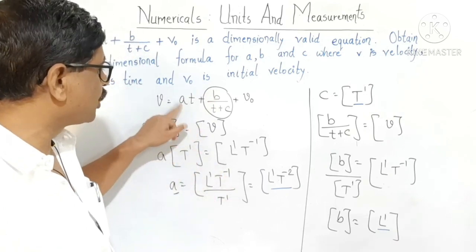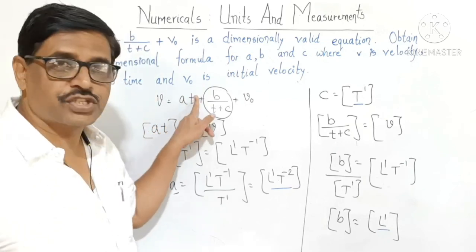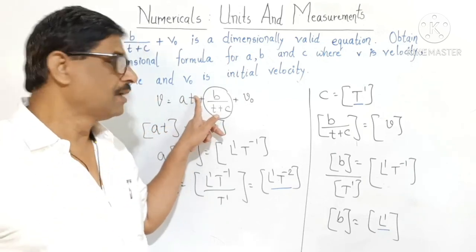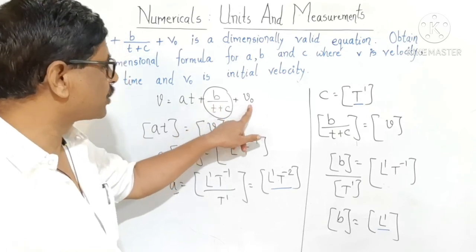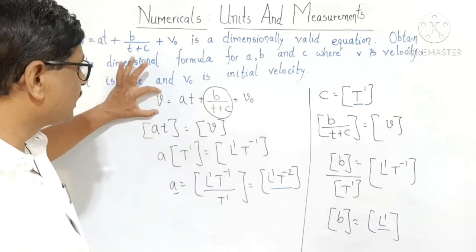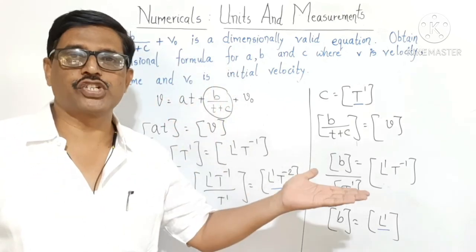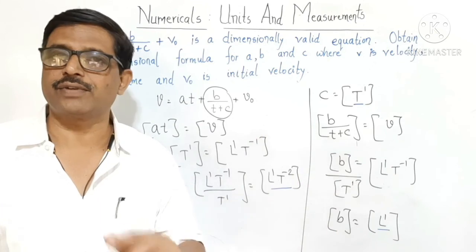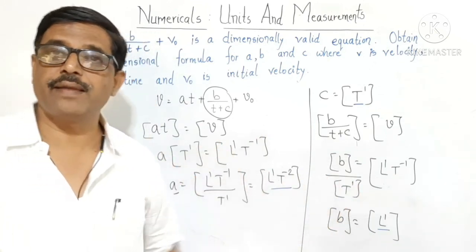It is acceleration, meter per second square into second. Means again it is meter per second. It is velocity. And this is also velocity. Therefore, the velocity is equal to sum of the three different velocities. And the equation is dimensionally correct. And from that you are able to get the dimensions of constant A, B and C.